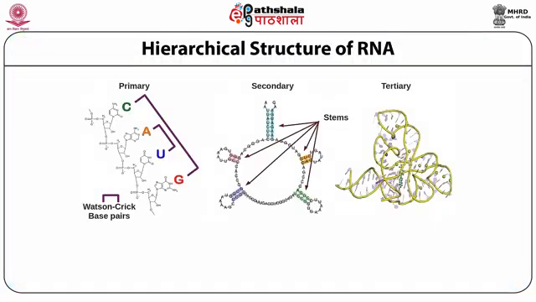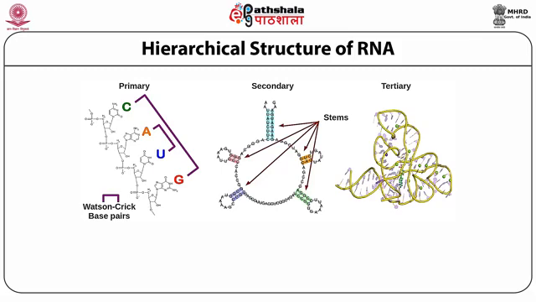So now let's look at the hierarchical structures of RNA. We already know about the primary structure of RNA, where you have Watson-Crick base pairing, but with ribose sugar and the presence of uracil instead of thymine. In this primary structure there can be Watson-Crick base pairing, but there is no double-stranded RNA; rather, RNA stays in single-stranded form.